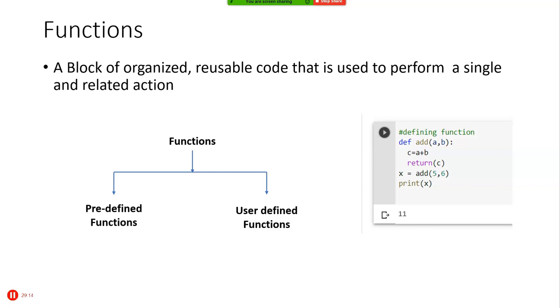So functions are of two types: predefined and user defined. As I said, many predefined functions are available in Python. That's what makes it a lot simpler to use. But you will be called upon to write many user defined functions.